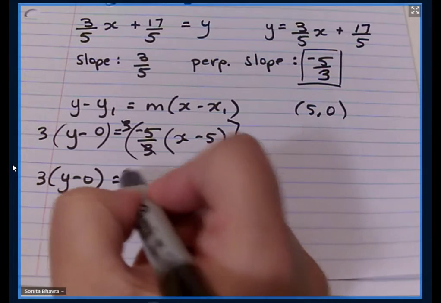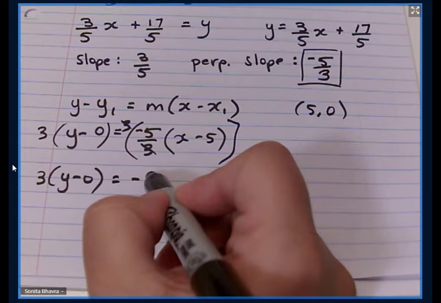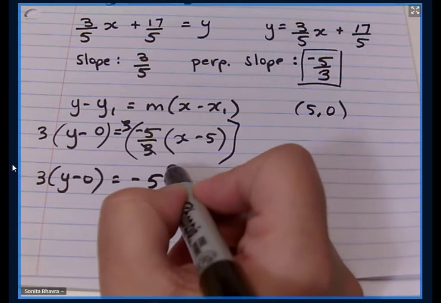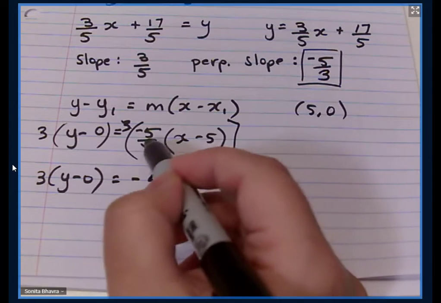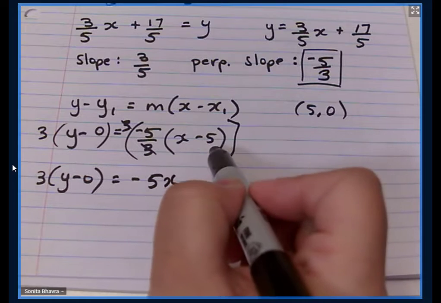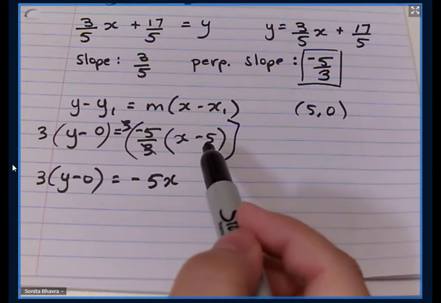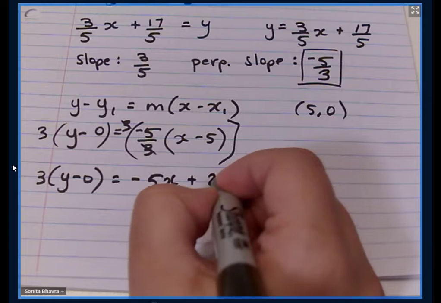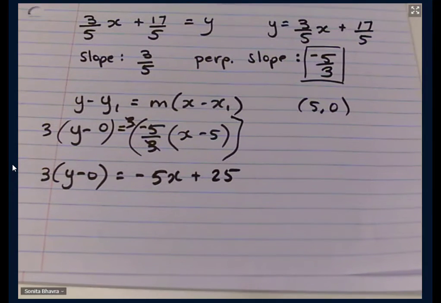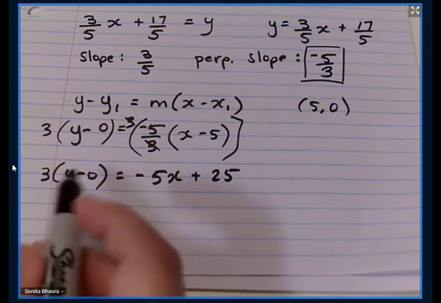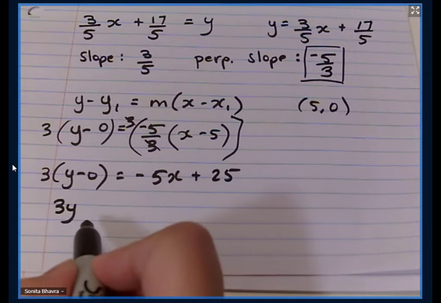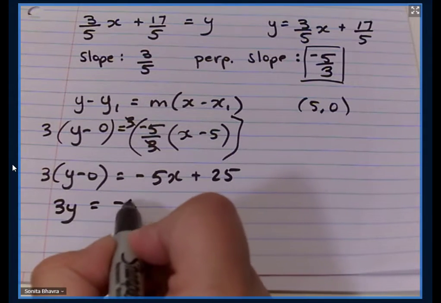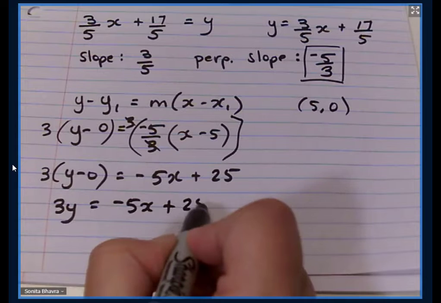And on our right hand side, we're left with negative 5 times x, and then negative 5 times negative 5, which is plus 25. On the left hand side, we're left with 3y equals negative 5x plus 25.